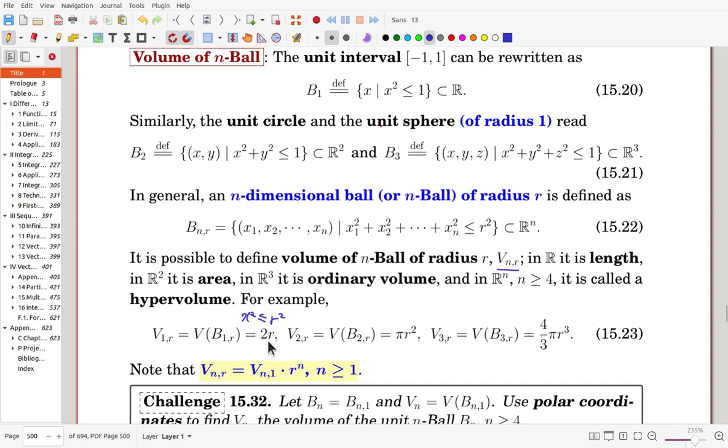So r squared is multiplied here, and r cubed is multiplied in 3D. This portion is the volume of the unit ball. So once we can get the hypervolume of the unit n-ball, then we can get the volume of the n-ball of radius r by multiplying by r to the n.